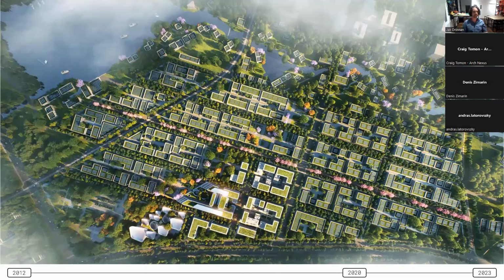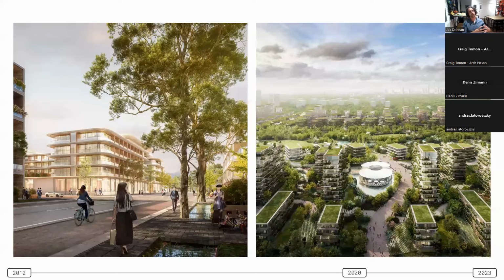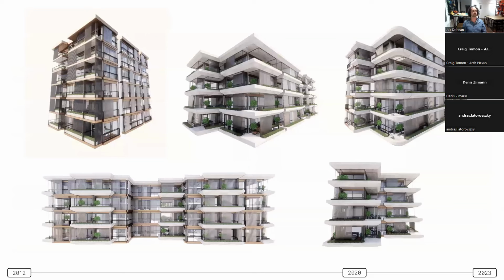And all the while, towards the end at Foster's, we were also working on these master plans, or actually these generative master plans. So this is almost like how parametric design, I think, has evolved over the years, where it's not just about these super cool, really complex installations and set pieces. It's about how it infiltrates our daily workflow as well. And so all these facades that you can see are all generated.